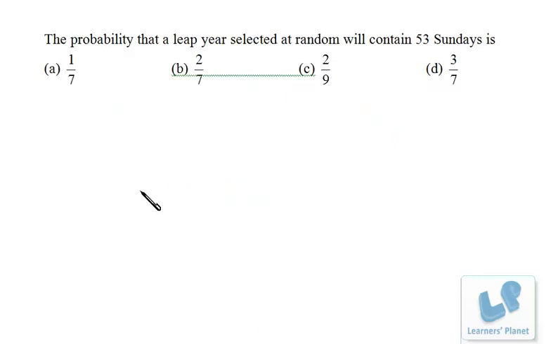Now friends, let's see this question. The probability that a leap year selected at random will contain 53 Sundays. See, in a complete year of 365 days, there are 52 weeks that are completed weeks.